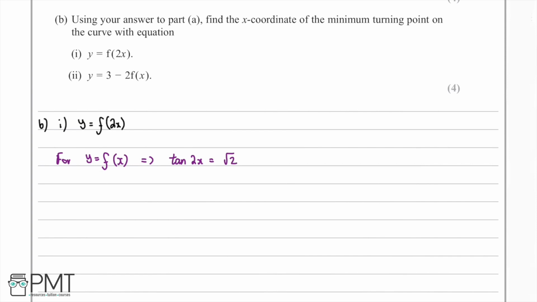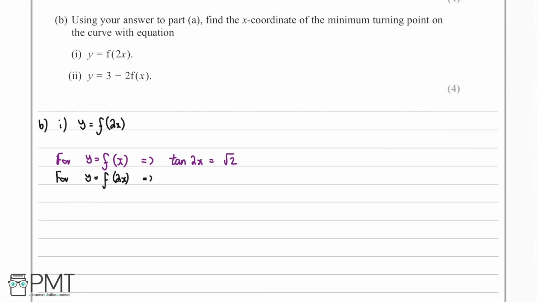So therefore, we're now going to have 2 times this. So for y being equal to f of 2x, we'll therefore have that tan, then we multiply 2 by 2, which gives us tan 4x is equal to root 2.